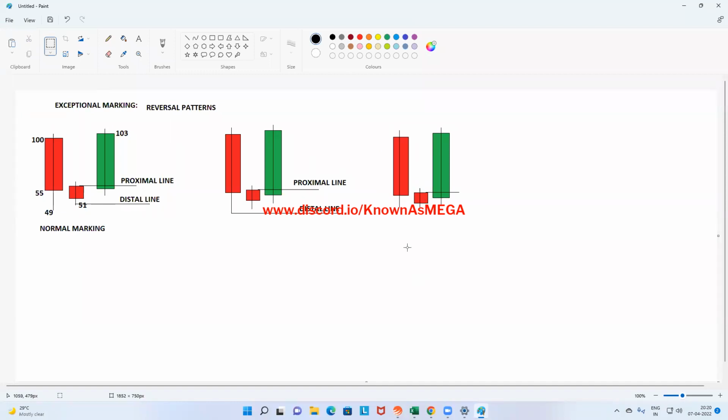Rajesh says he did not get it. So, Rajesh, do you know why we mark the distal line? The distal line is the point below which we keep our stop loss, correct? Right. So now here 49 is the stop loss.